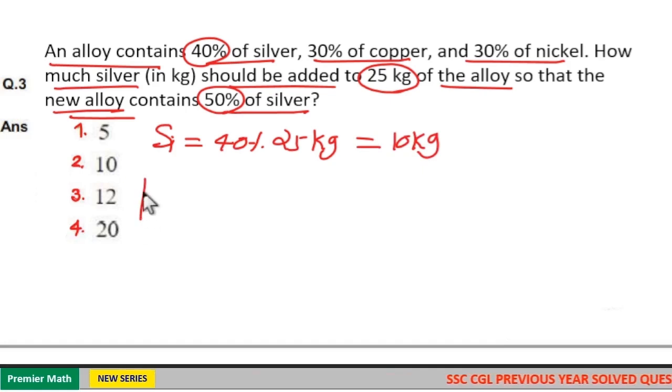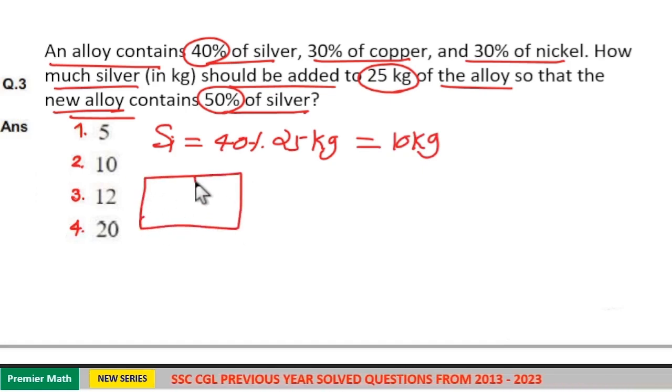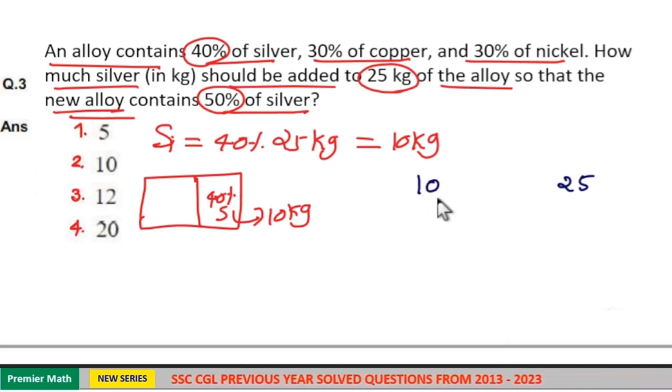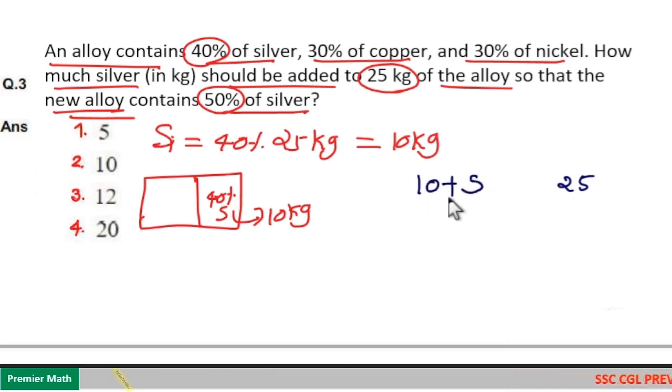That is, initially this alloy contains 40% silver, which is 10 kg. Now this 25 kg alloy contains 10 kg silver. So when I add S kg silver to it, it should become 50% of the new alloy. 50% means half, that is 1 by 2.